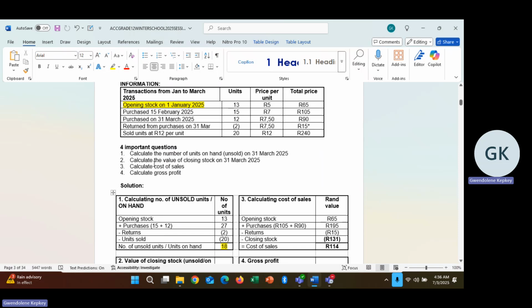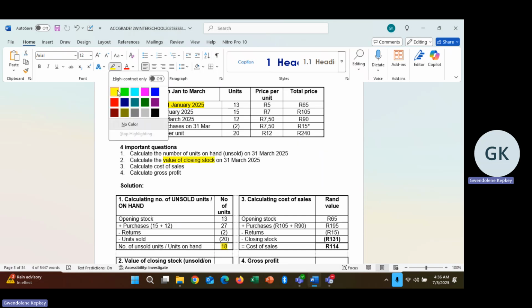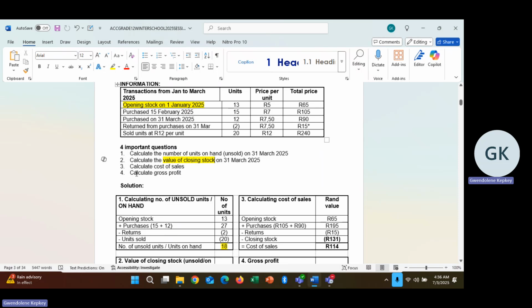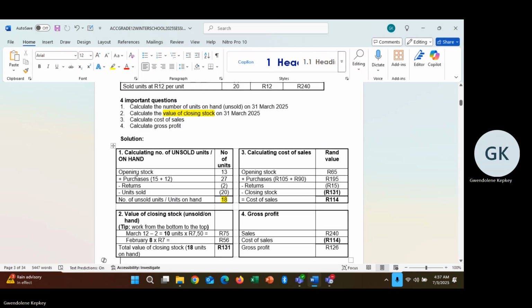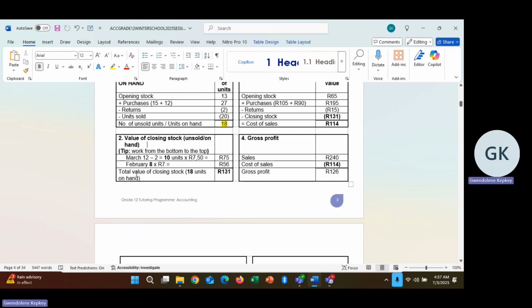Now that I know how many items are left, I now need to find out what is the value of those items. So now I'm going to value my stock. How do I go about doing that? Let's go down. Now we're applying the FIFO method. So we now need to be meticulous.